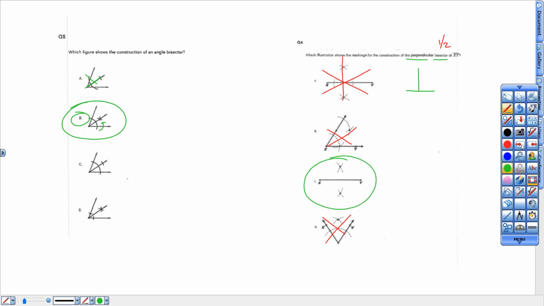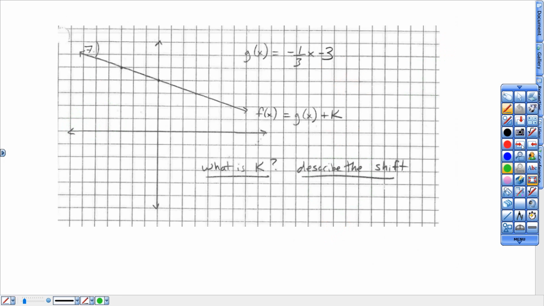All right, moving on. This one, this is your starting line, the one that has just a normal looking equation. This is your finish line, or where it's ending. So you can see if I graph that first one at -3, they always have the same parallel slope of -1/3, over 3 down 1.